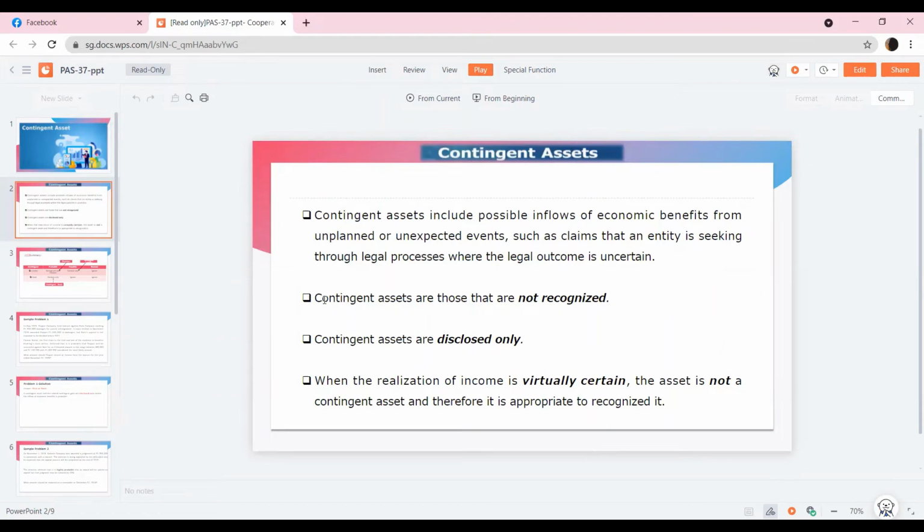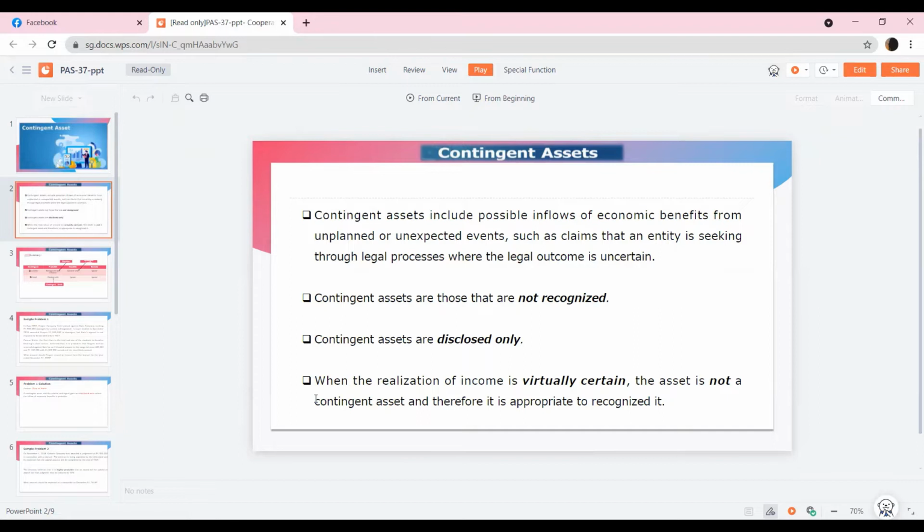Contingent asset will also not be recognized. So, hindi din po natin ito nire-recognize as an asset or as an income. But only what? Only disclosed in the notes to the financial statements. So, disclose lang din ang ating contingent asset.